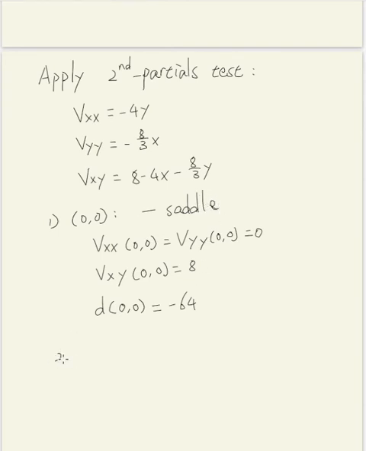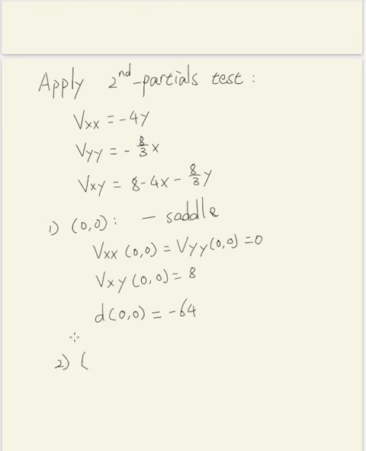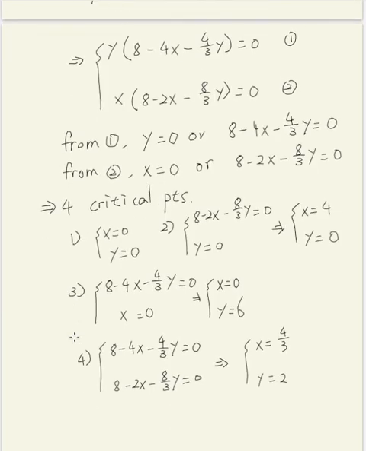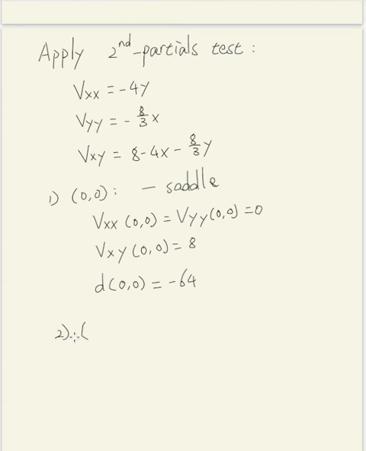All right, the second one is 4, 0. Vxx at 4, 0 is 0. Vyy at 4, 0 is minus 32 over 3.